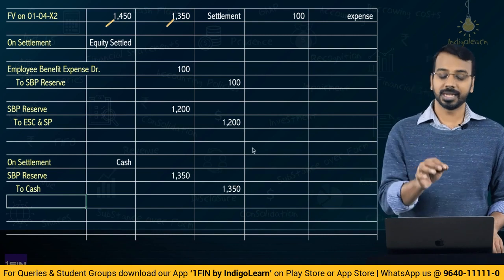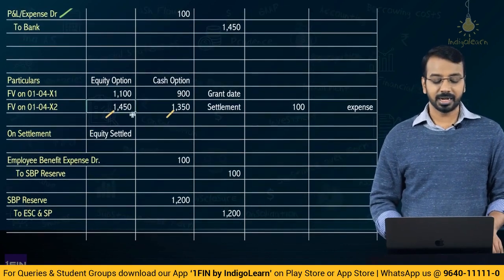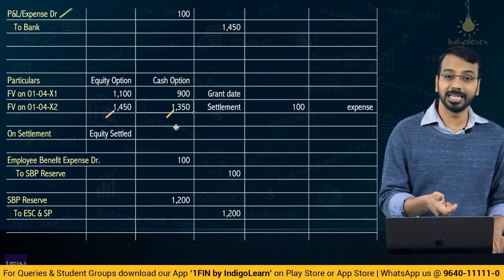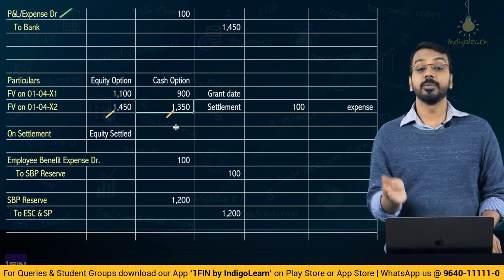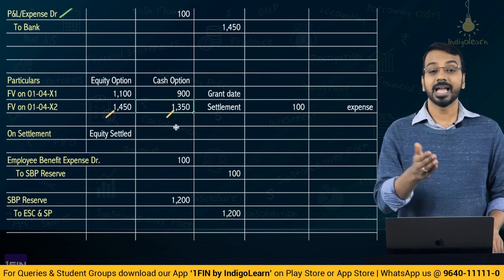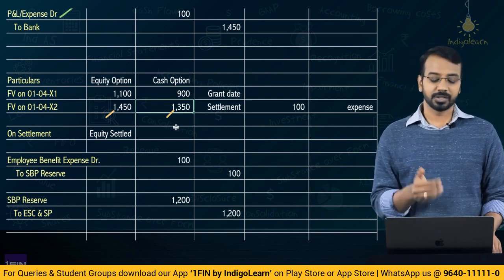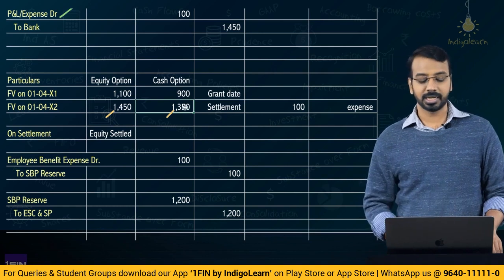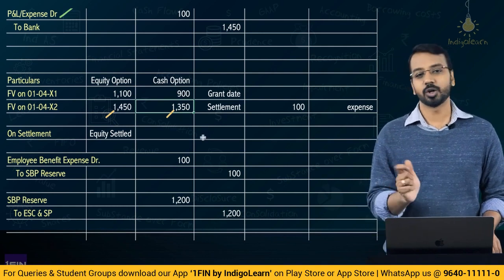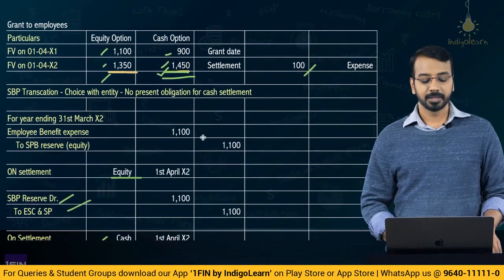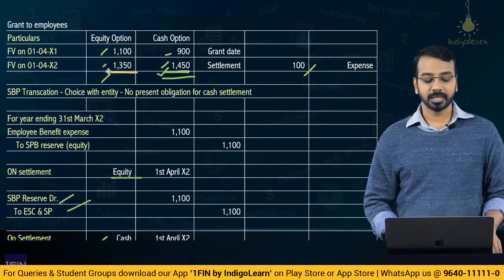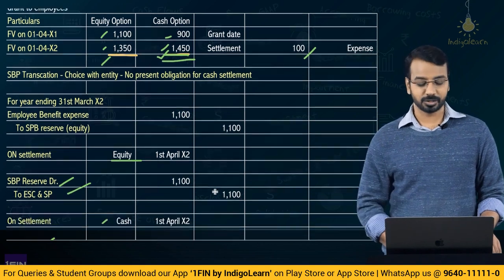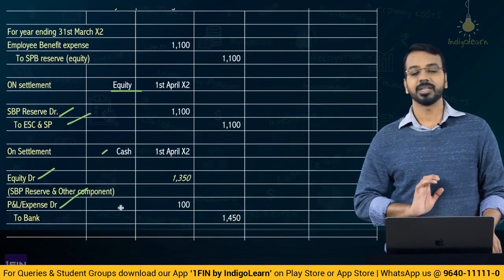So, if equity settled, in this case, equity settled is 1450, cash option is 1350, and because you are settling in equity, that difference of 100 will be treated as an expense. So, you will debit expense and credit equity. Okay. If you settle it for cash, then you are anyway settling it at a lower value, then that difference need not be recognized. Same thing here. If you settle as cash and the equity is 1350, the difference of 100 will be treated as an expense, right? So, you will book that expense accordingly here, right?